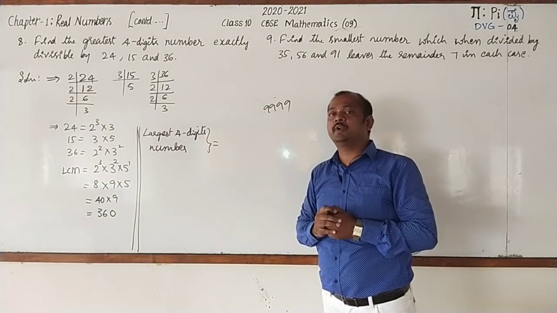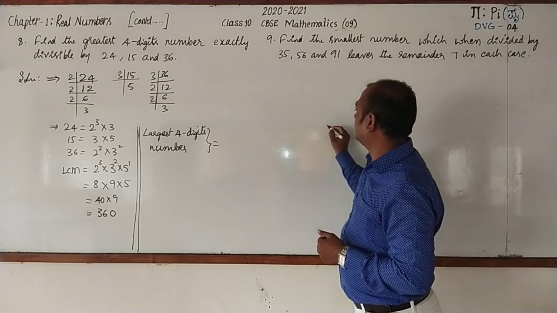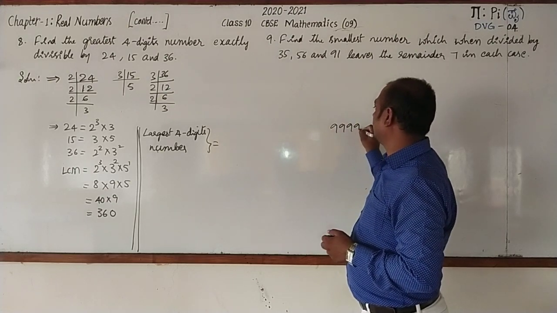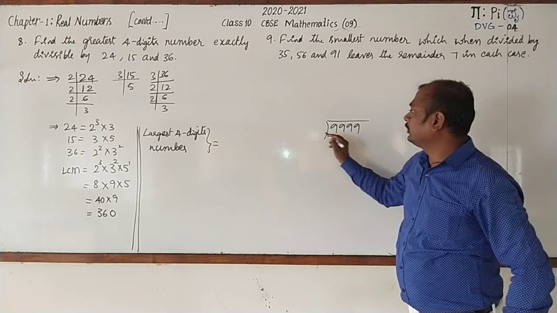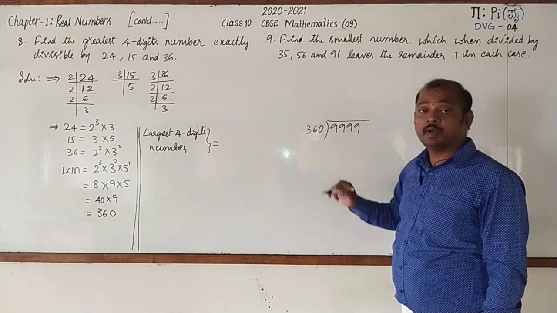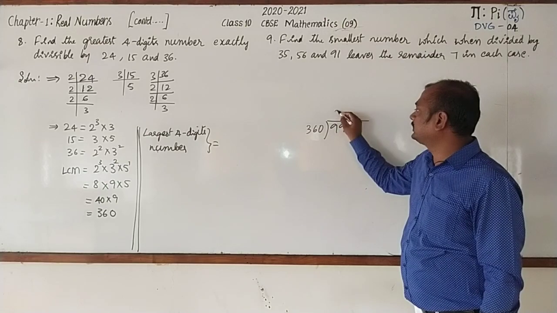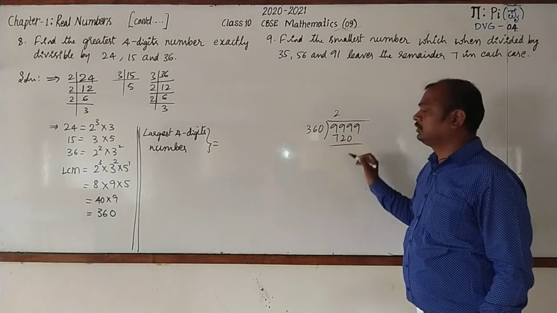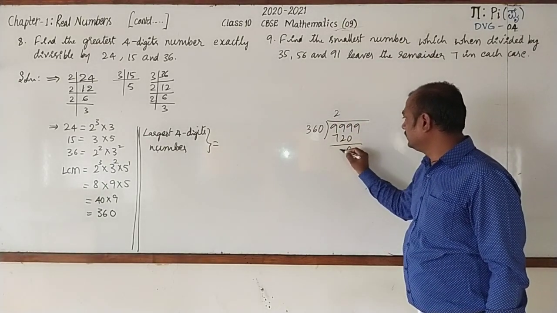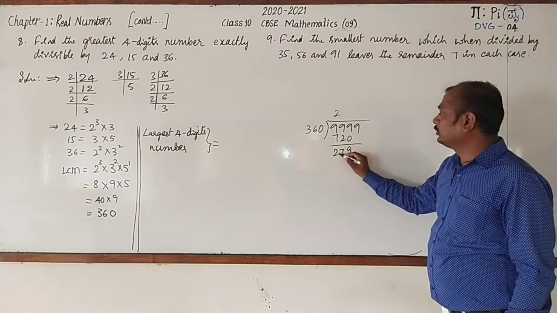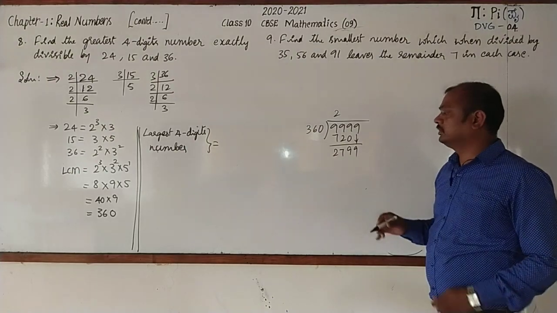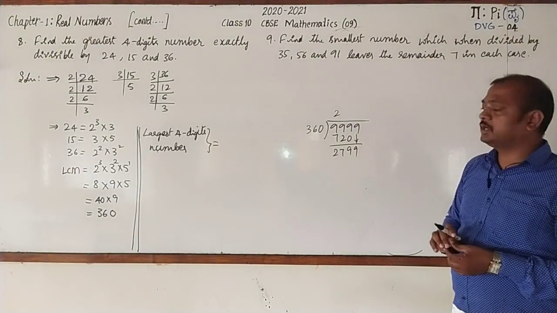Then how do you go about finding it? See that, here I'll write 9999. This is the greatest 4-digit number. When you divide by 360, 360 2s are 720, then 9, here 7, here 2, 279. Carry down 9. It will be 2799.